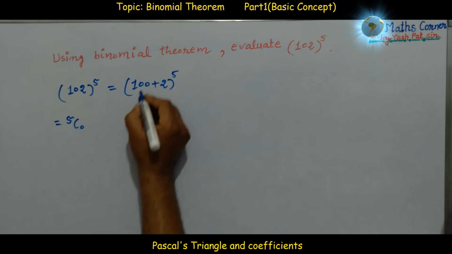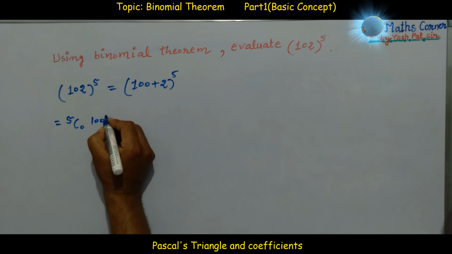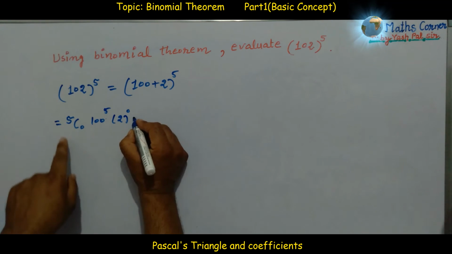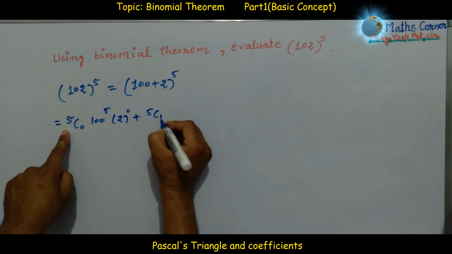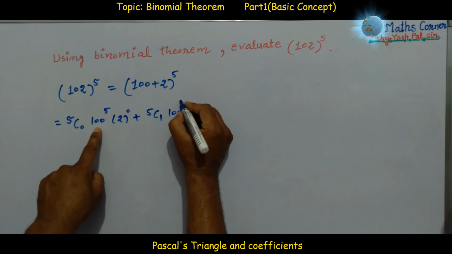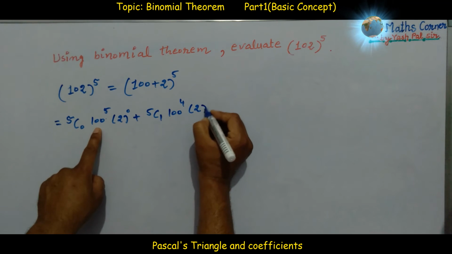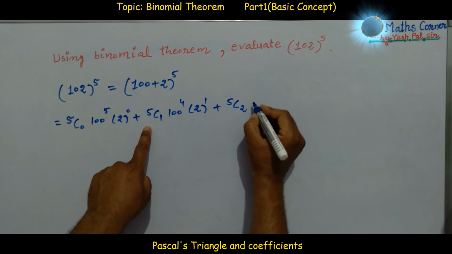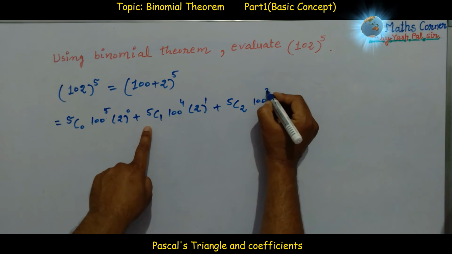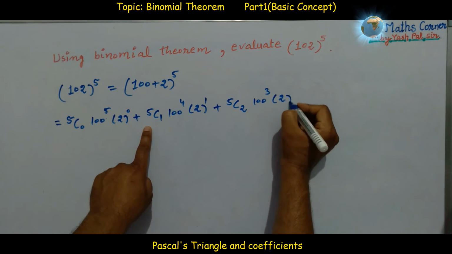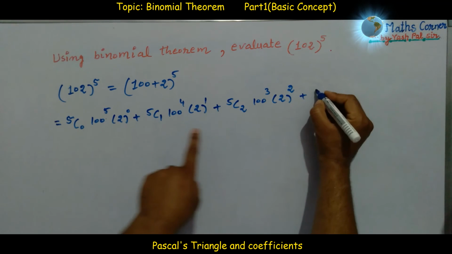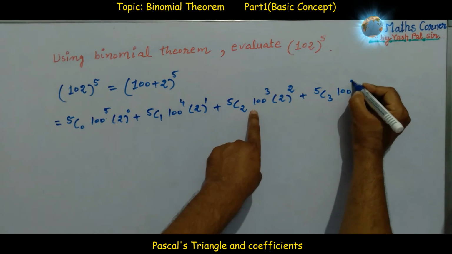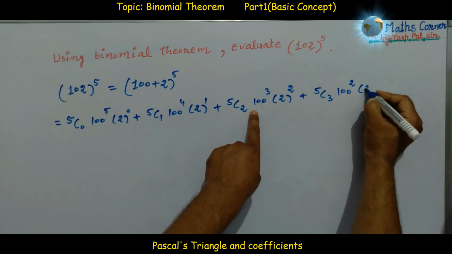This means this is equal to 5C0 100 raised to the power 5 into 2 raised to the power 0. Next is 5C1 100 raised to the power 4 into 2 raised to the power 1. Next is plus 5C2 100 raised to the power 3 and 2 raised to the power 2. Next is 5C3 100 squared, 2 cubed.